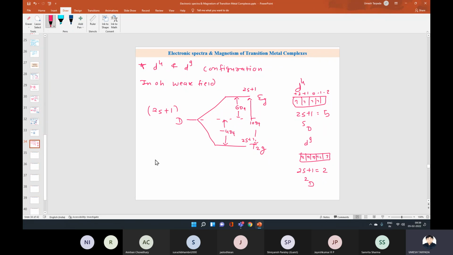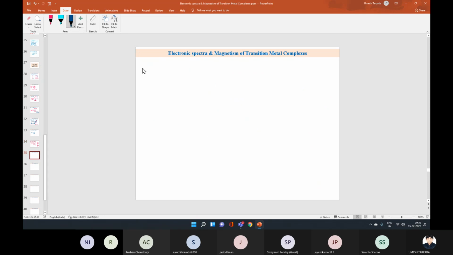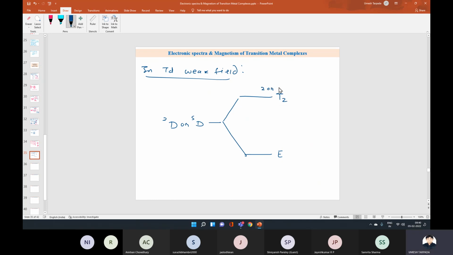What happens in the tetrahedral field? In a tetrahedral weak field complex, either D2 or D5 is split into, this set is called E set and this set is called T2. The multiplicity may be 2 or 5.